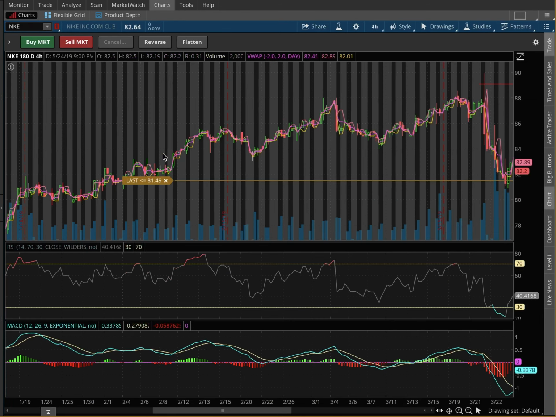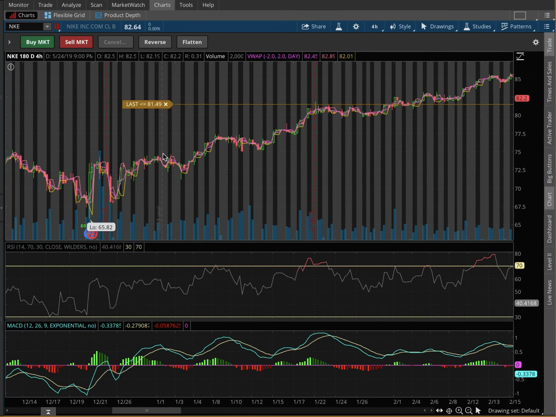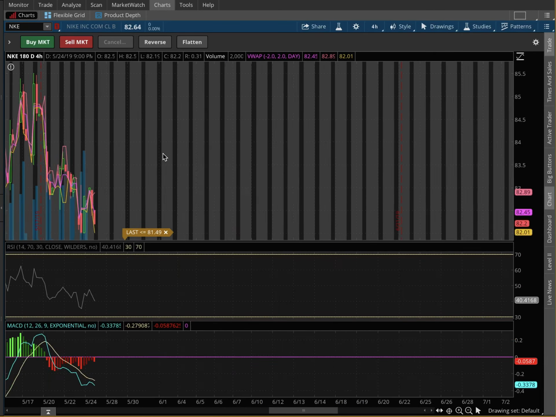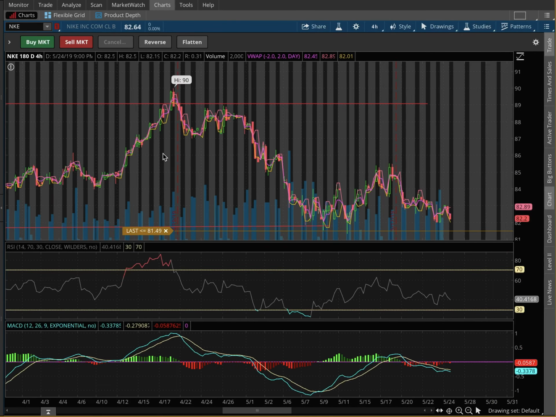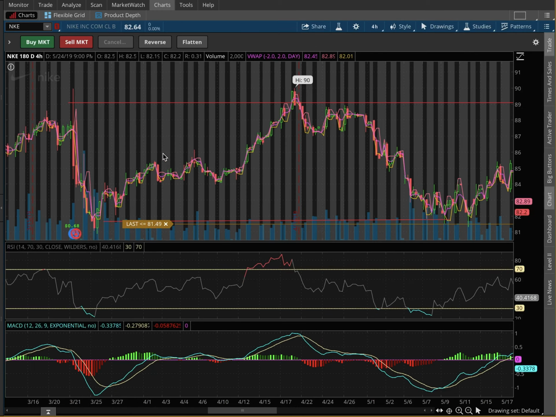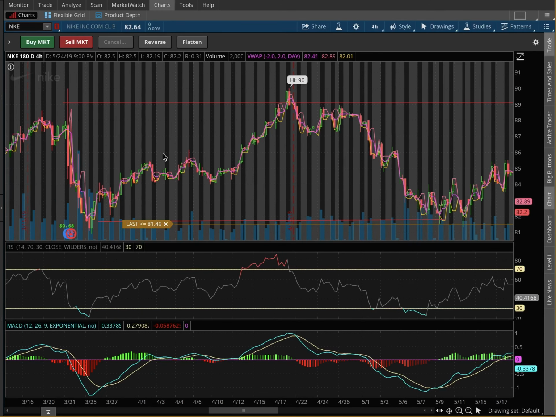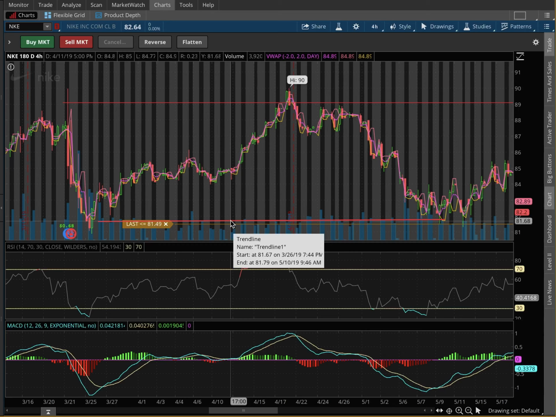The other one will be Nike. So just having a look at the recent patterns. Oh, okay, this is pretty good. If you have a look at this, this is what I call a parallel channel, where this line is drawn by myself, of course, and also this line as well. These two form the resistance and the support. If you already know that, that's good.